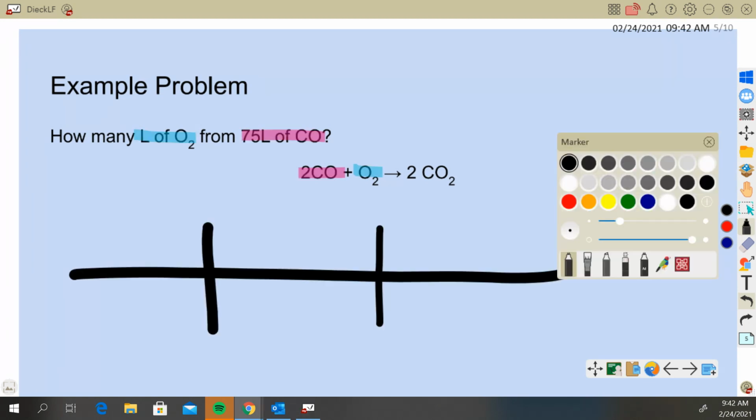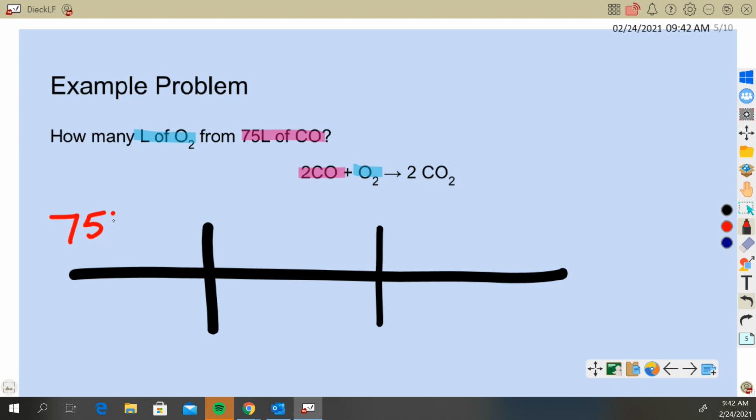Alrighty, so with this one, our given was 75 liters of CO. Next, you should have divided by 22.4. Our middle is our mole ratio. So we want oxygen, so we're going to put 1 mole of oxygen on top.